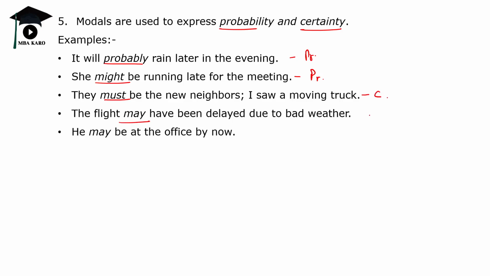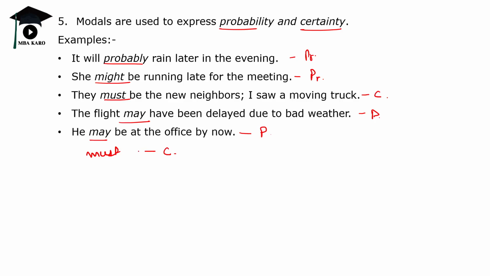Flight may have been delayed. Probability. He may be at the office by now. Now if I write it here, he must be at the office by now. So may be is probability. When I write here must be, it becomes certainty. Okay.